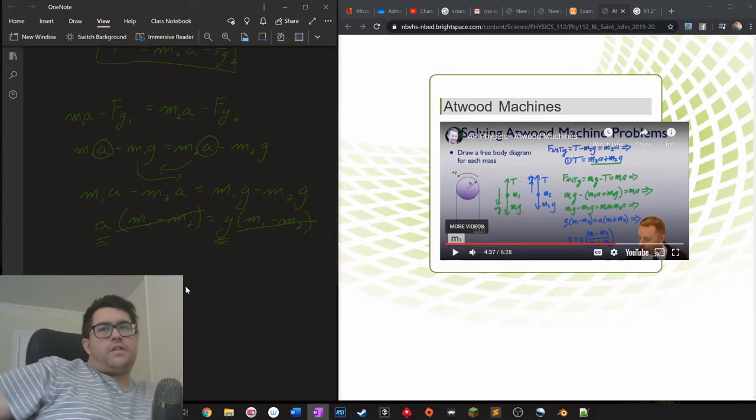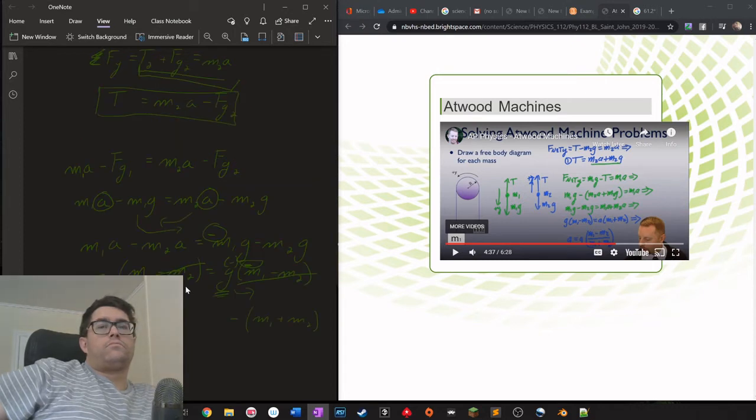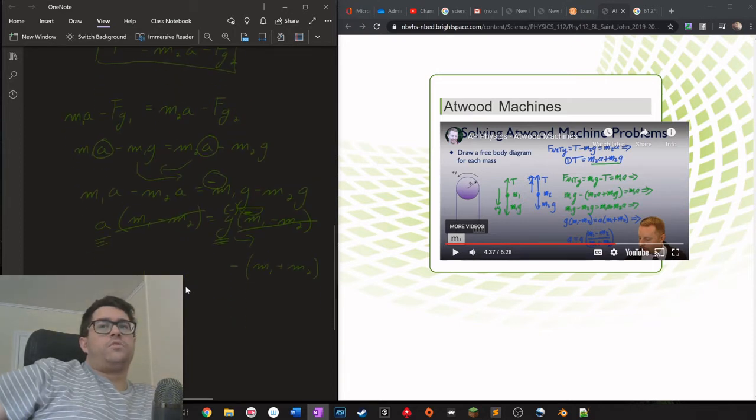Now let's just understand what is going on. So G is minus, right? In his formula, G is positive. That's the only thing. How do I get this?